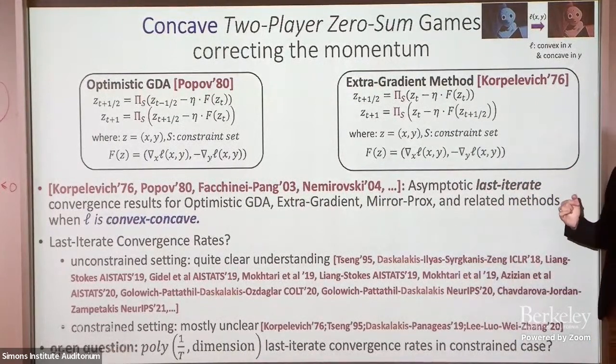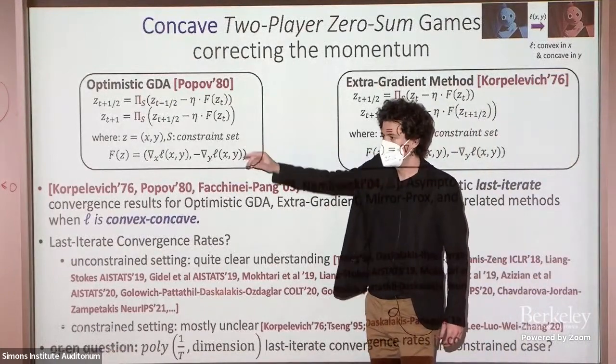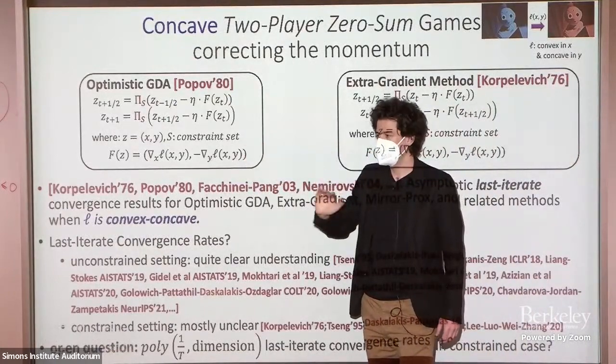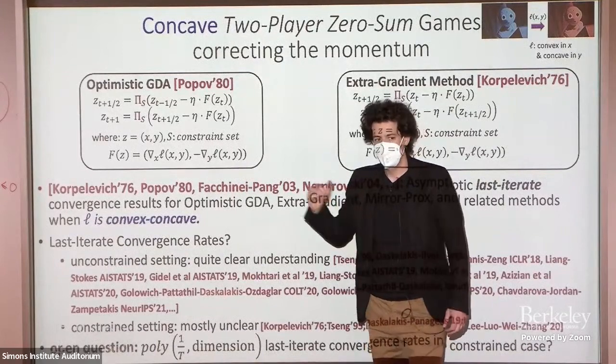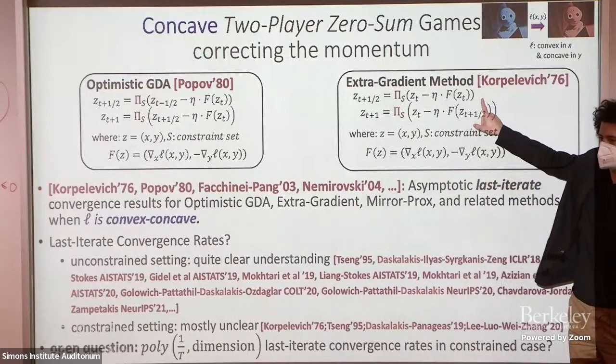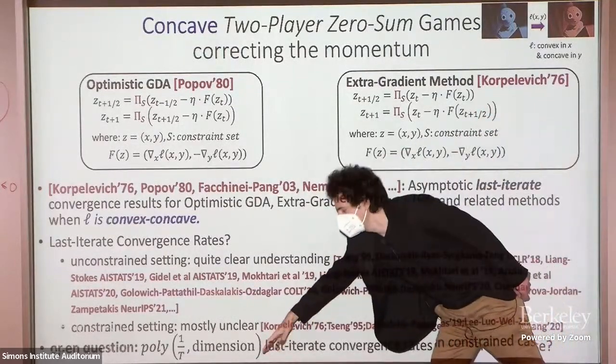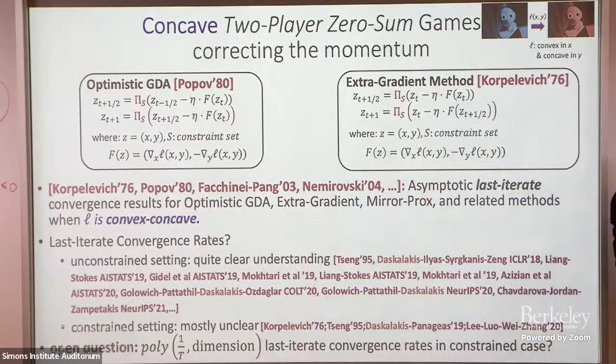The average rate I showed you for this method was 1/t. The last iterate is going to definitely be slower, 1/√t. And I believe this is what Yang showed in his paper. So for this method, it is indeed 1/√t times some mild dependence on the smoothness and dimension. I don't know if you want to specify more. I think that's it. Okay, all right.